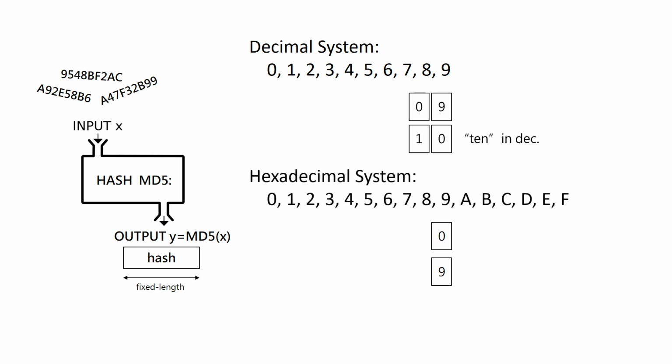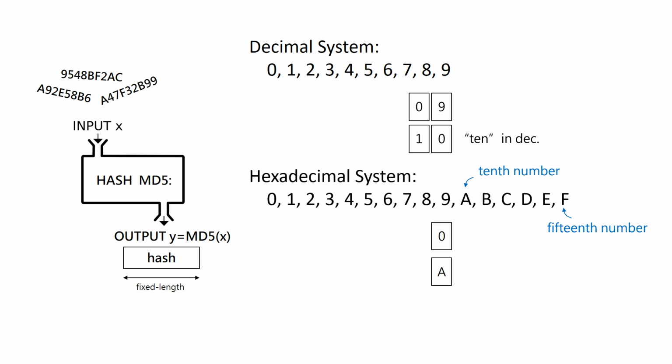Similarly, in the hexadecimal system, you can put 0 to 9 plus A to F in a digit. A is the 10th number that you can use in a digit, and F is the 15th. So if you want to represent 10, you don't need one more digit because you can use A to represent 10.